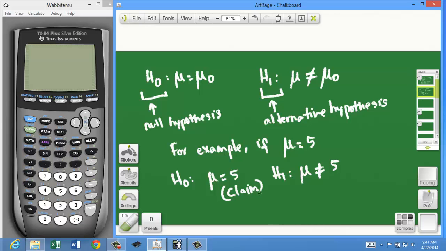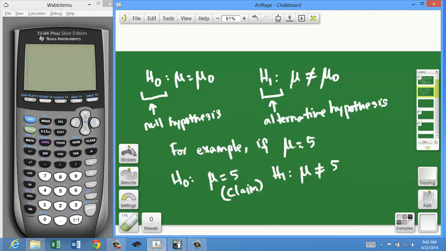In other words, the claim is represented by the null hypothesis. You can perform a hypothesis test, and a sample might either agree with the null or it would agree with the alternative. If it agrees with the null, then the claim is true. Your sample supports the claim. If it agrees with the alternative, then there is not evidence toward the null, rather the evidence is toward the alternative.